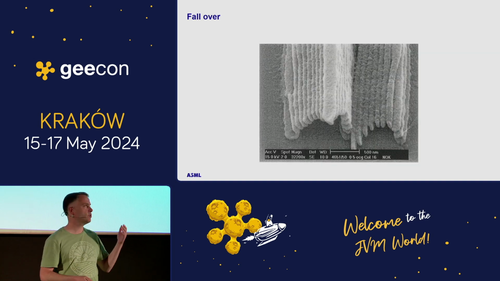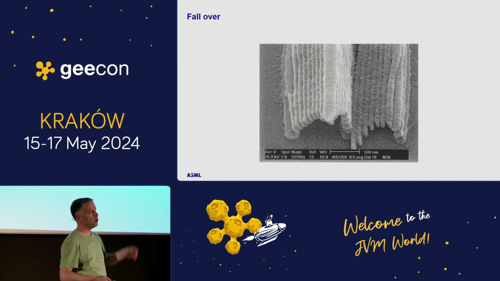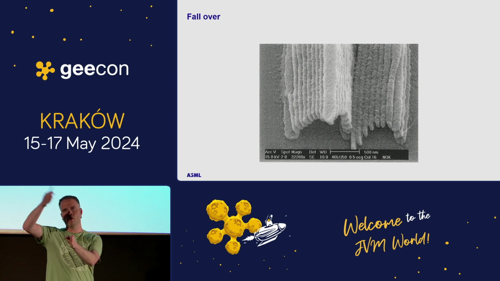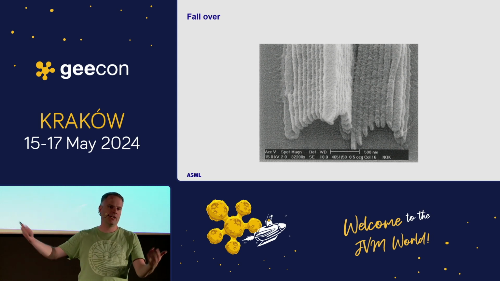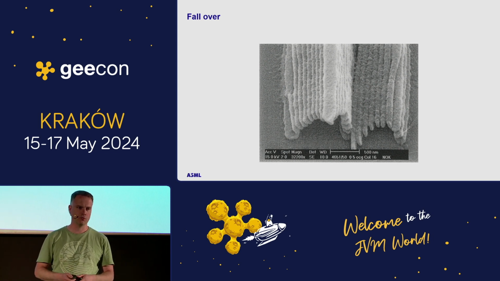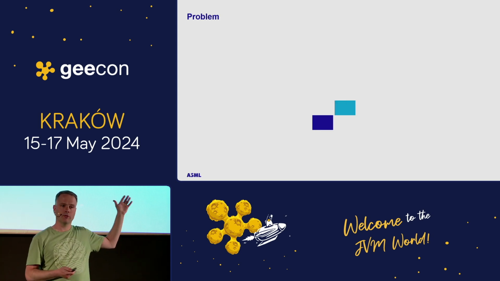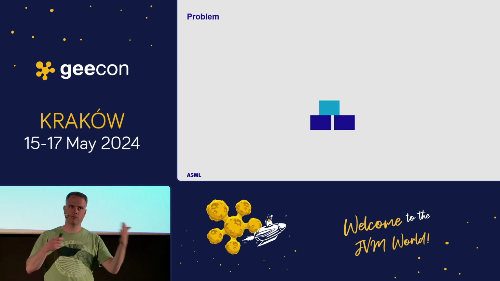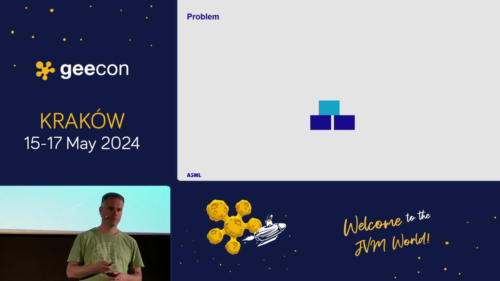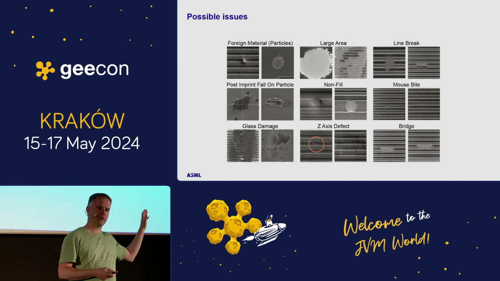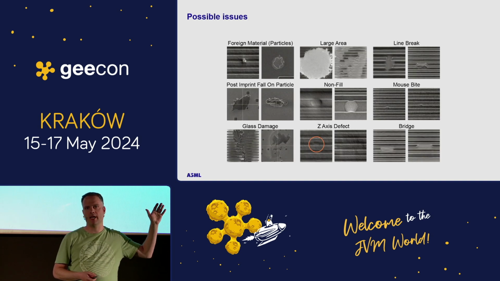Because if we don't do that, you can have things like this. This is called fallover. So if you go sideways too long, the lines will fall over. And you have chips that don't work, and that's not what we want. Or you could have layers that don't connect with each other anymore, or short circuit two layers with each other.